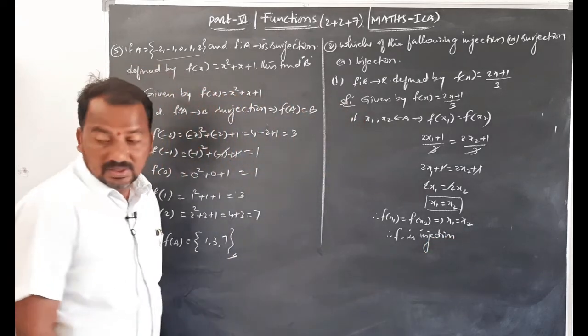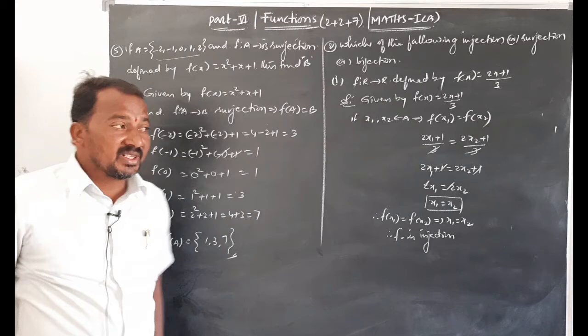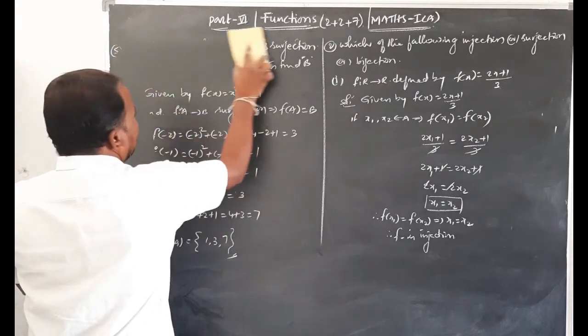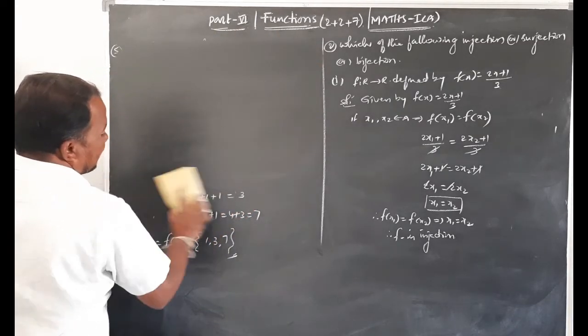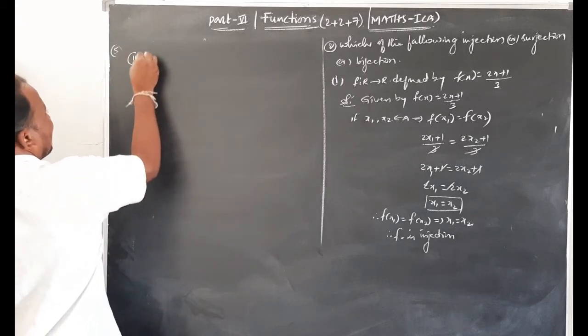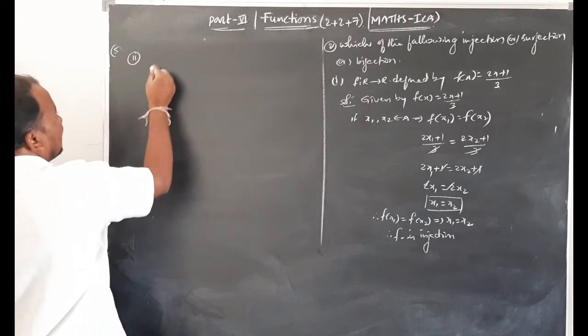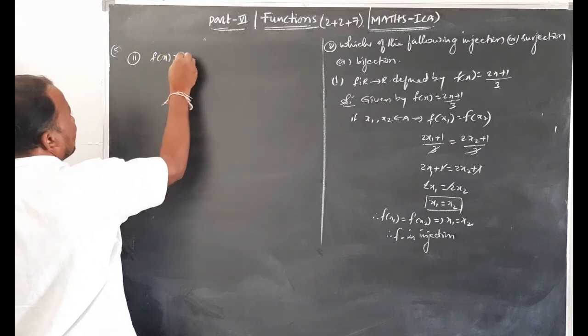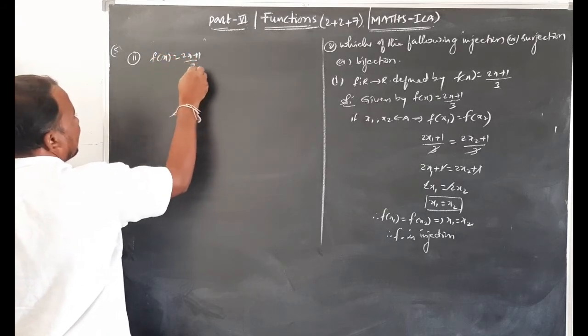Next, justify the surjection. The function is f of x equals 2x plus 1 by 3.